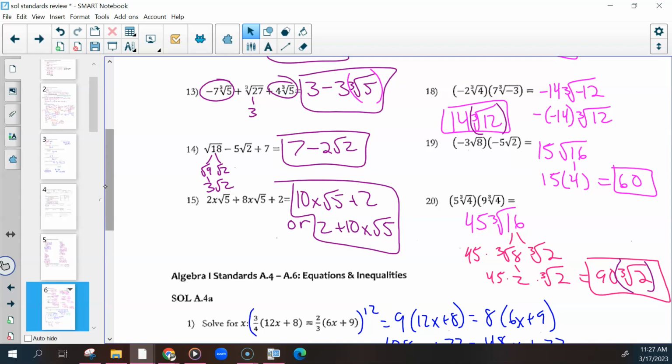Would we like to check any of these in Desmos? See how to do that? Have questions on any of these? How would, for 18, how would it not be negative 14? You said, why would it not be negative 14? Because when you multiplied the inside numbers together, you got a negative on the inside, and you have to bring that negative out.